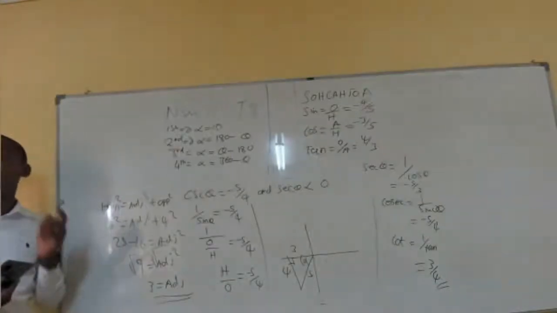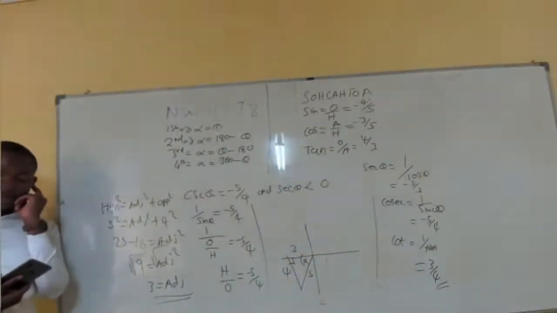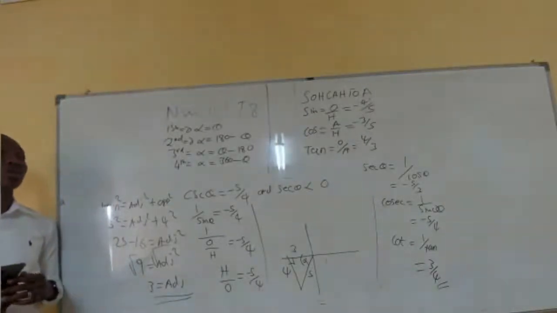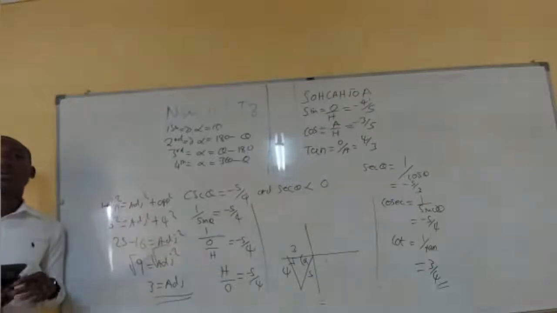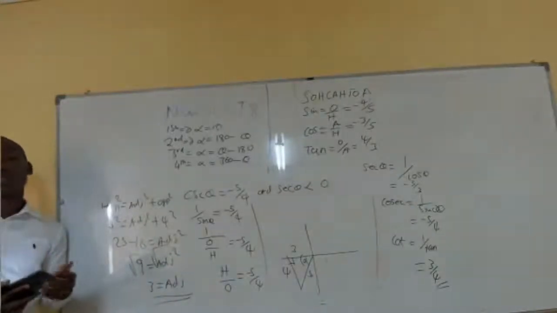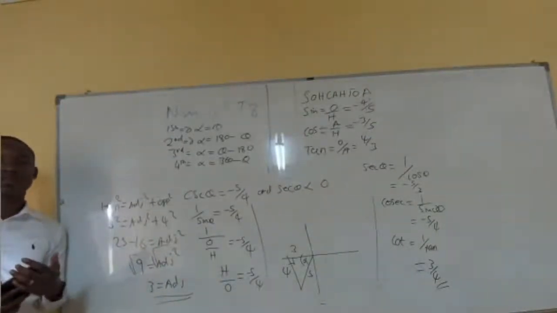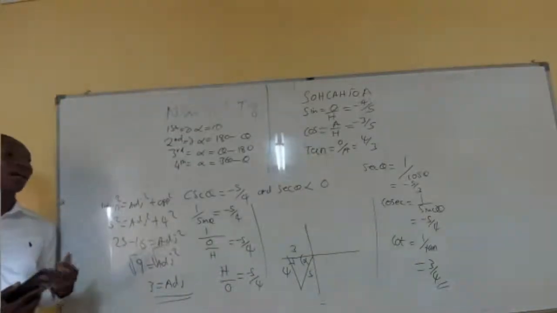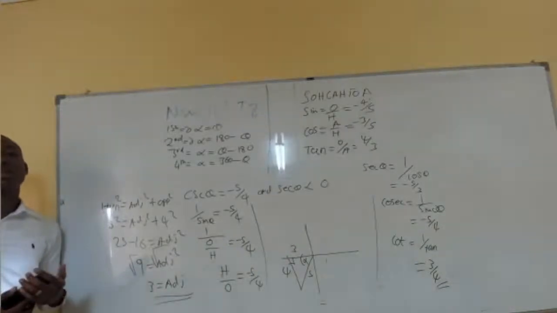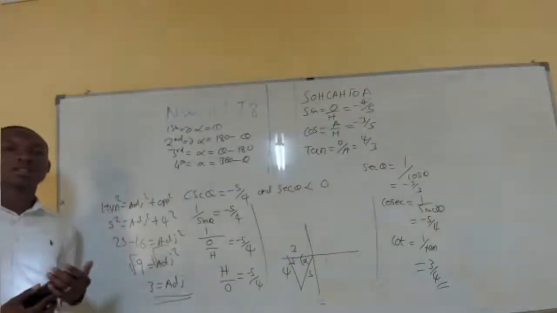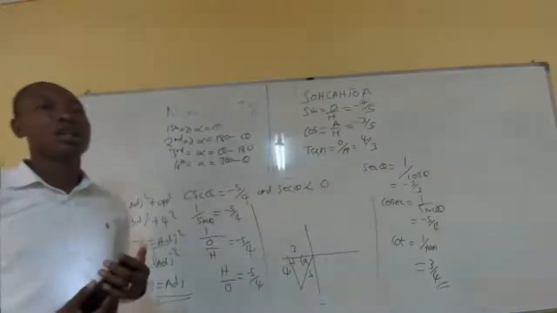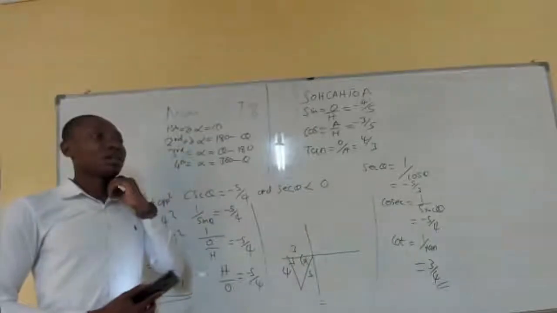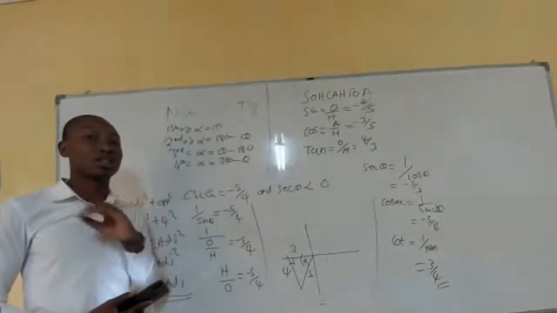We also needed to know which ratio is positive or negative in which quadrant. All are positive in the first, only sine is positive in the second, only tan is positive in the third, and only cos is positive in the fourth. Then we answer the question according to the stated property.